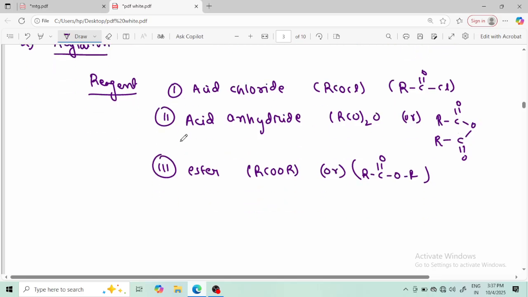Now here the most important thing is that the confusion is only for ester, but for acid chloride and acid anhydride it will be very simple. So I will explain the acid chloride and acid anhydride part properly.